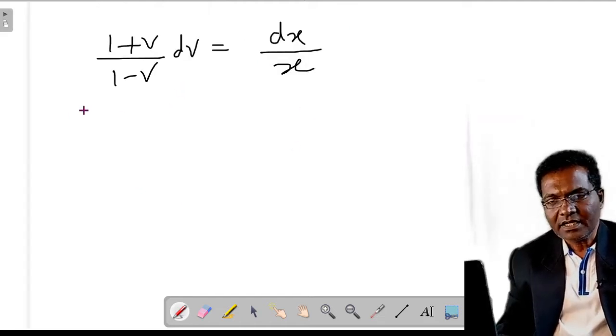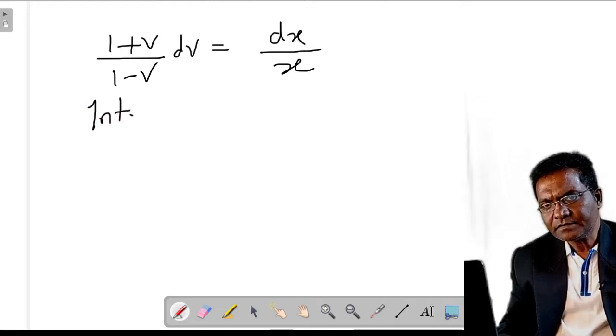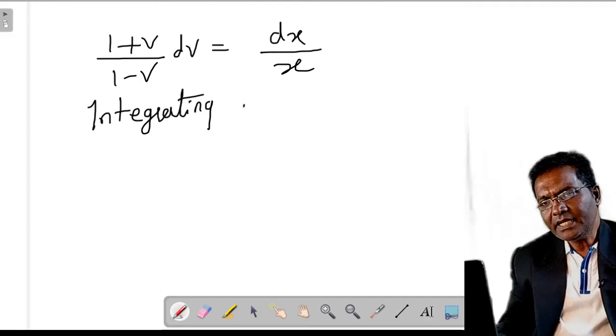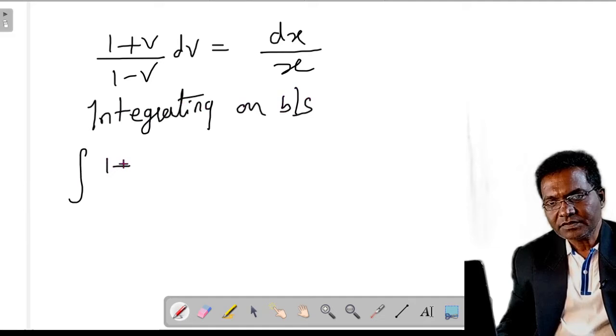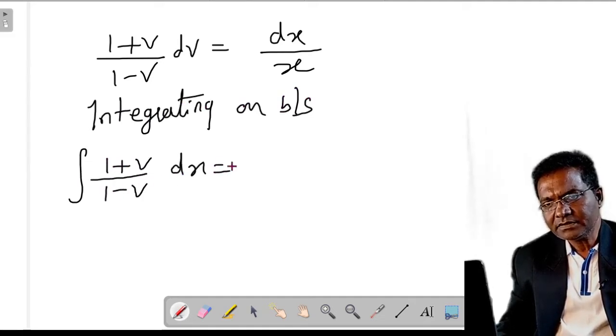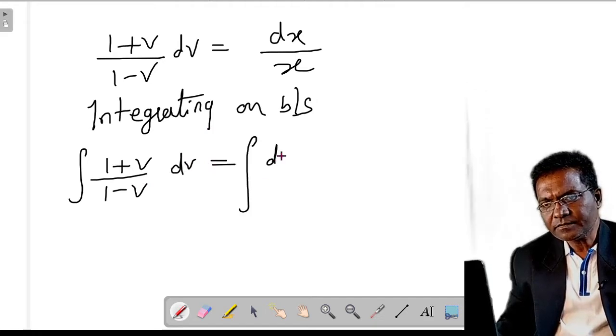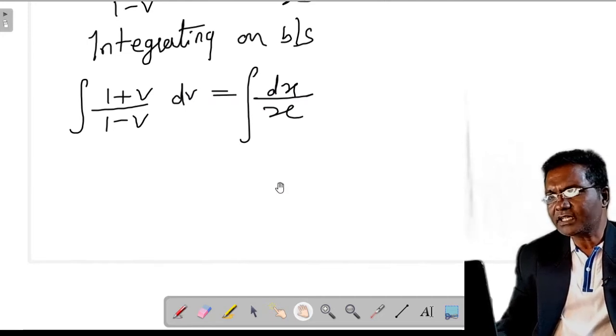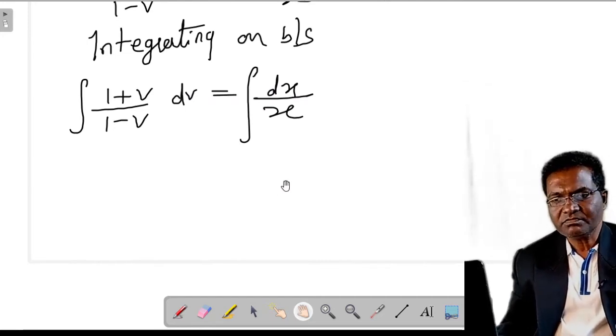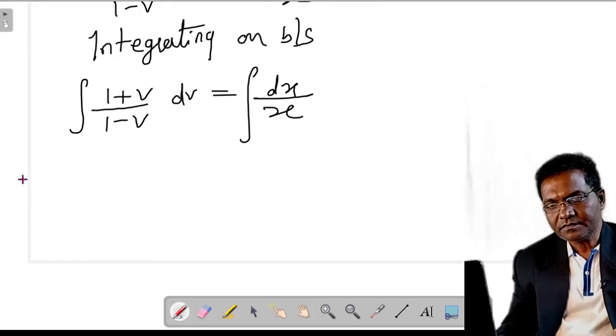Now we need to integrate. Once the variables get separated, integrate on both sides. So this is the integral of 1 plus v by 1 minus v dv equals the integral of dx by x. You must be good at integration to find the general solution, otherwise you can get stuck.